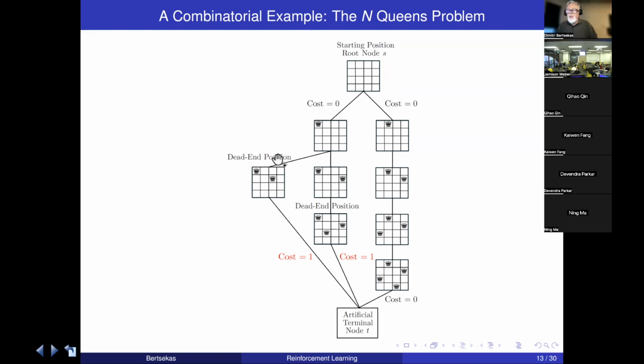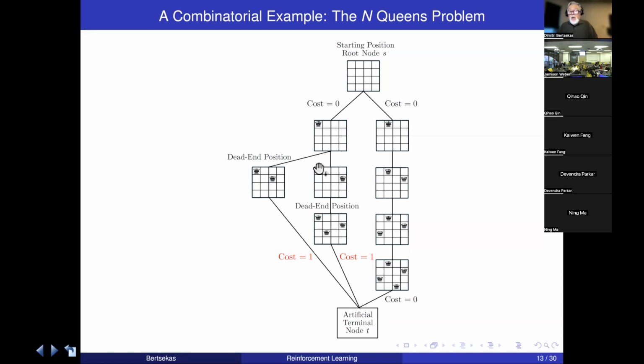It cannot be part of a solution. And then we move to a termination state with cost equal to 1. So these are the 2 possibilities in the beginning. And then at this position, there are 2 possibilities. Place a queen here and place a queen here.